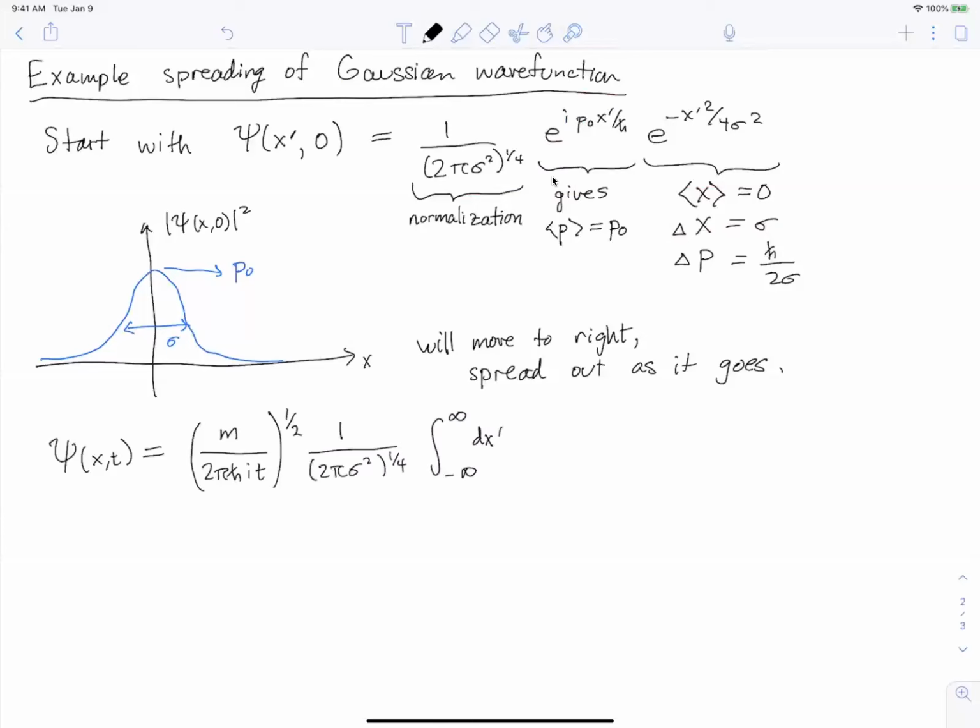Then we need to plug in our x prime wave function, which is exponential of minus x prime squared over 4 sigma squared, plus i p0 x prime over h bar. And then there was another part of the exponential that came from the unitary operator matrix element, which is i m x minus x prime squared over 2 h bar t.